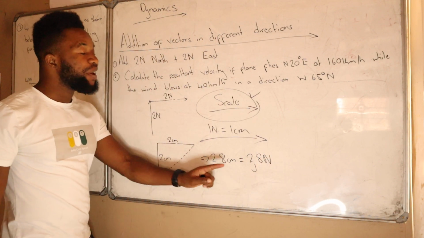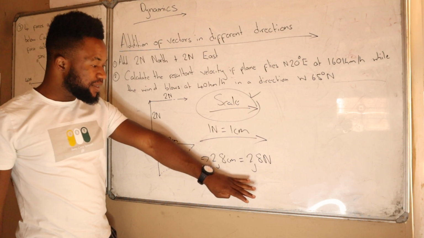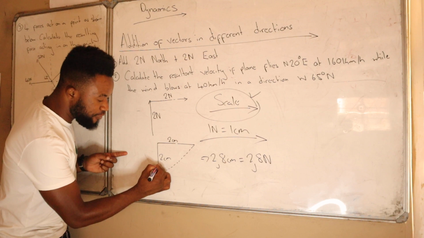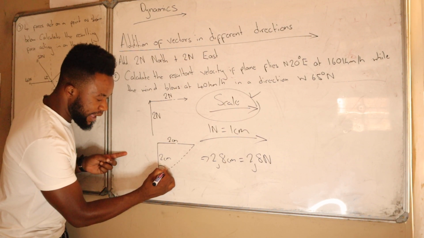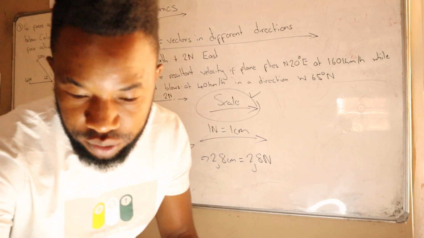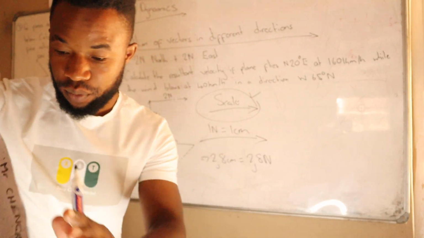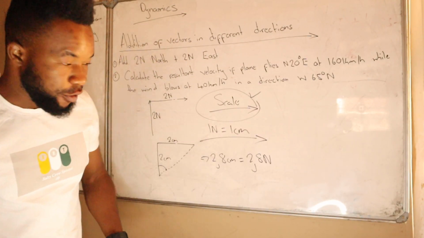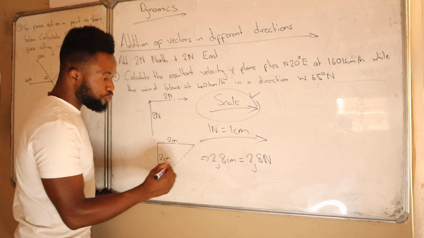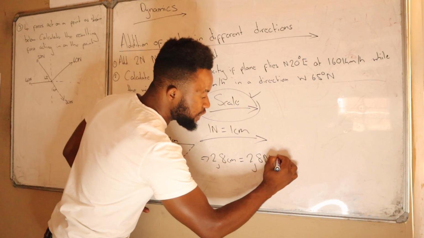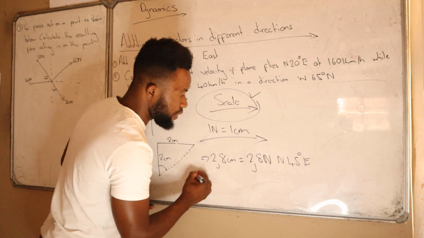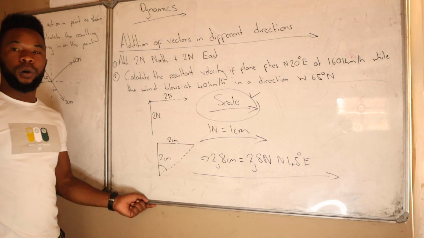Please note, if I only write 2.8, this is now a scalar, so it needs the direction. Hence, you have to measure this angle. Let me see what they got from the textbook. They got 45. So if you measure this angle, you are going to have 45, so it will be 2.8 Newton north, 45 degrees of east. So you have your answer.